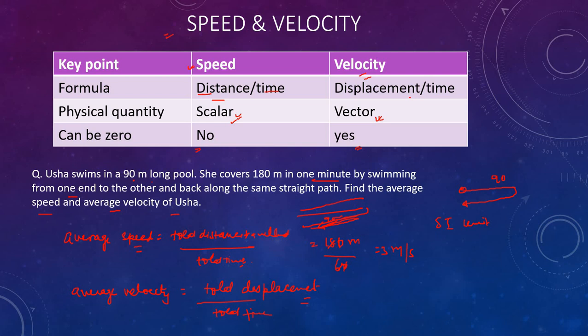So whenever the person or the moving body takes a U-turn, always remember displacement will be always 0. So whatever time, it doesn't matter, your velocity will be always 0. I hope this is a simple explanation. You can figure out how to calculate the velocity and the speed and how they are different. As you can see, with direction they are completely different quantities.